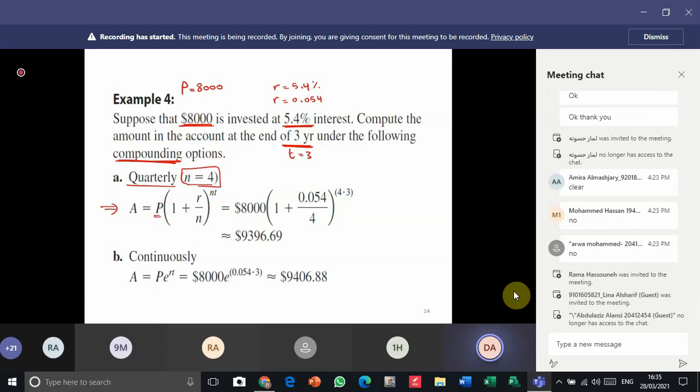Put in the value of B, R, n, and n multiplied by T equals 3 years. So you can find the amount in your account after 3 years.